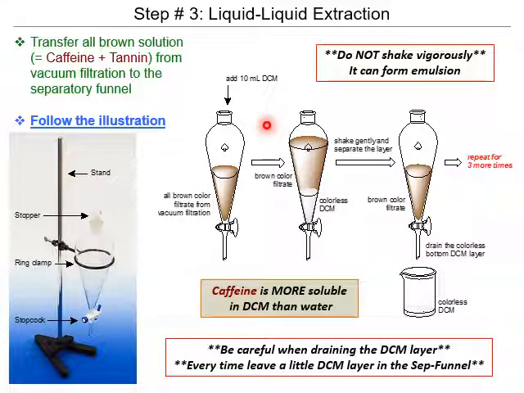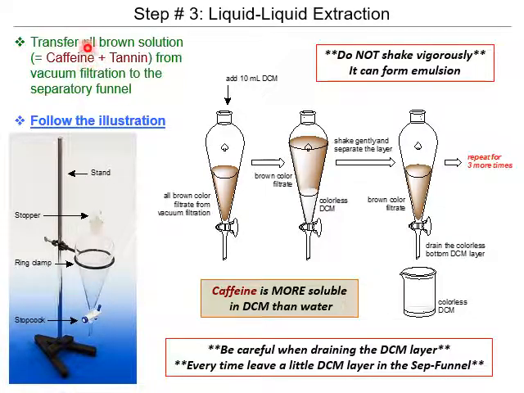Well, think about why we're adding DCM, right? We have that brown solution with caffeine and tannin. We know that caffeine dissolves in water, and tannin does too. Well, at this point, actually, it's gallic acid, right? Well, it's sodium salt, and glucose, right? And all three things are soluble in water.